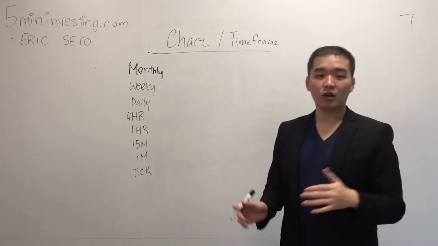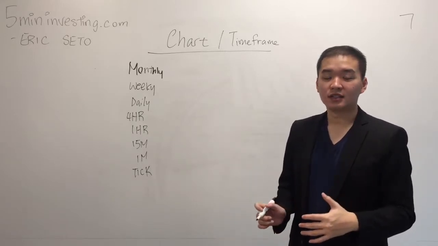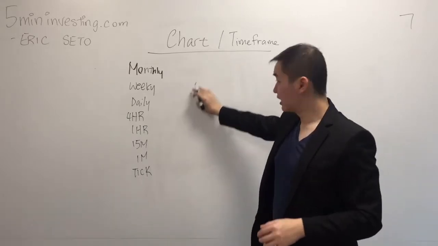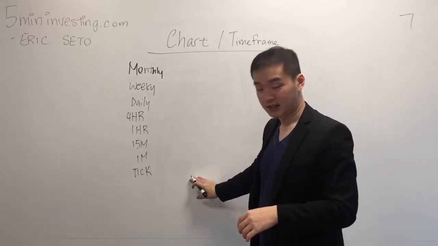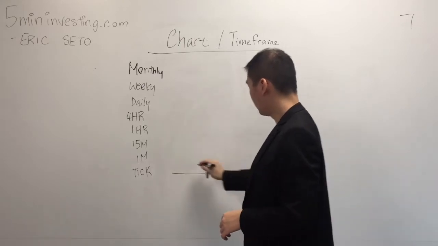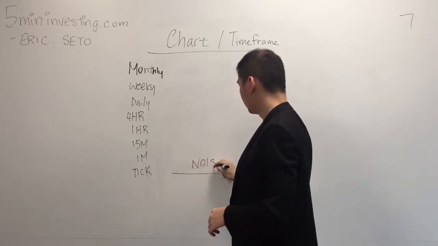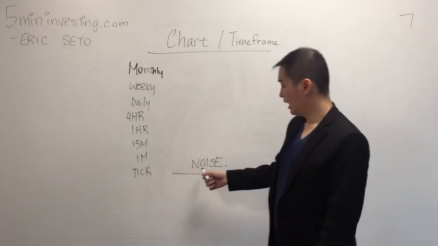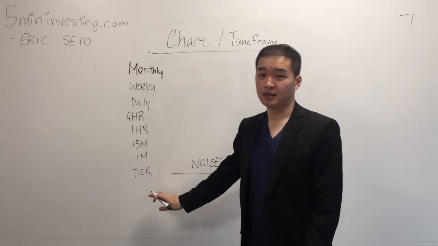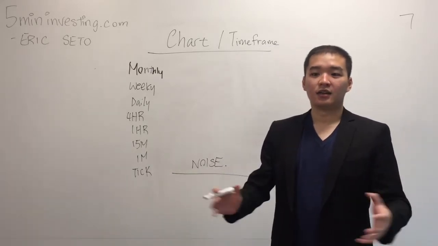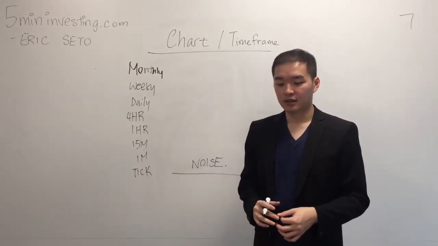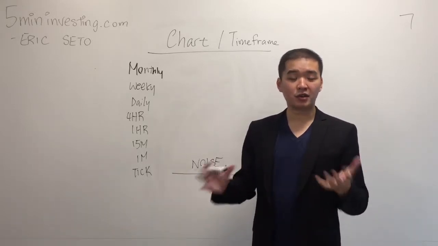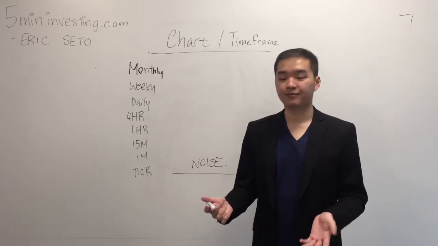Now, when you're looking at noise, the amount of noise increases significantly as you go from monthly to tick. Now, why is that? Why is this noisy? Because it will be influenced by anyone that makes a decision. So let's say your mom or your friend who didn't research a company just decides to buy.